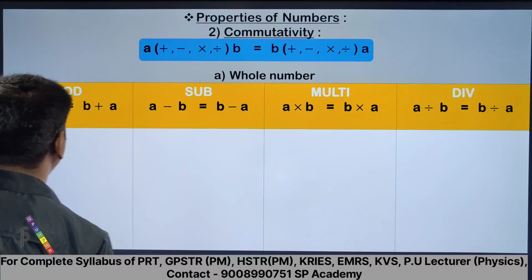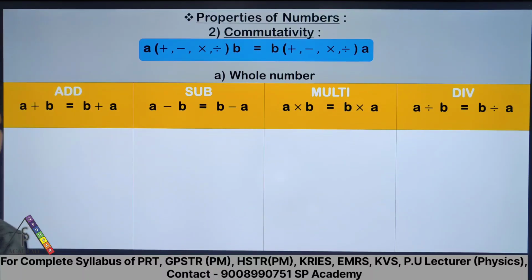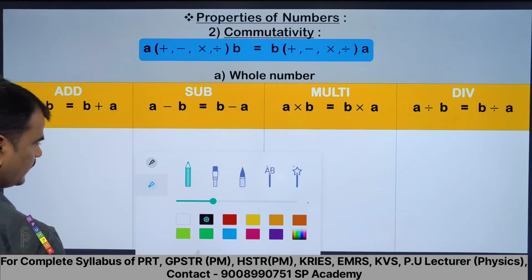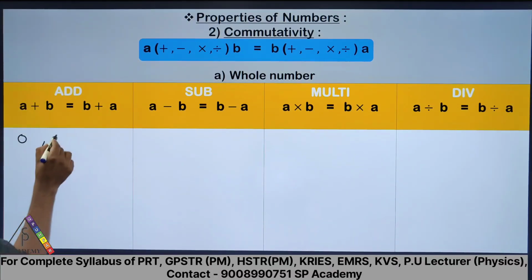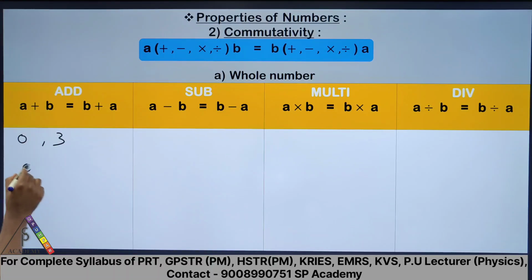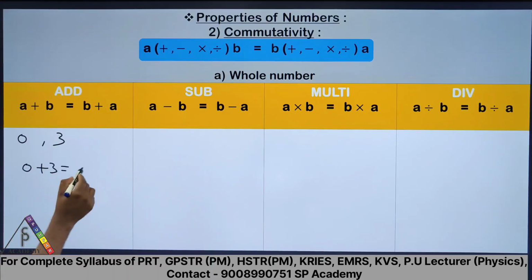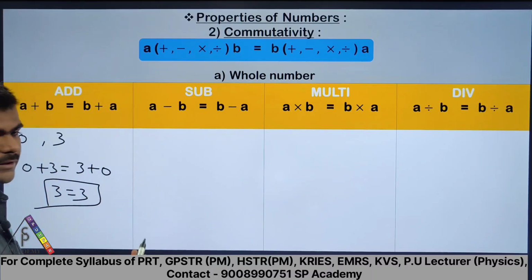Now, for addition, I will take two whole numbers, A as 0 and B as 3. That is 0 plus 3 will be equal to 3 plus 0. That is 3 equals 3. Therefore, the commutative property for whole numbers under addition is valid.